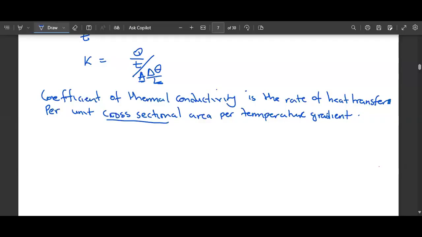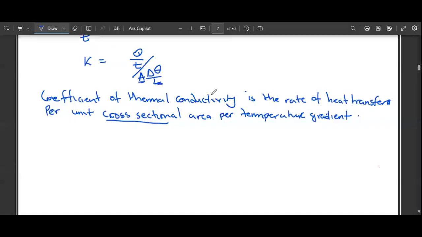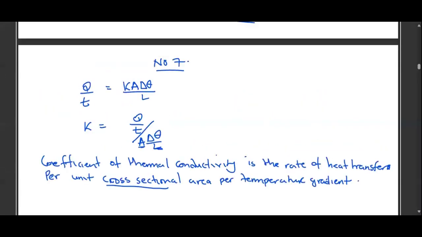Here I began by giving you this formula to help you understand the definition of coefficient of thermoconductivity. So our rate of heat transfer in the material is given by coefficient of thermoconductivity times cross-sectional area times temperature change divided by the thickness of the material. If you make K the subject, we have K equal to Q divided by T, divided by cross-sectional area, divided by temperature gradient.